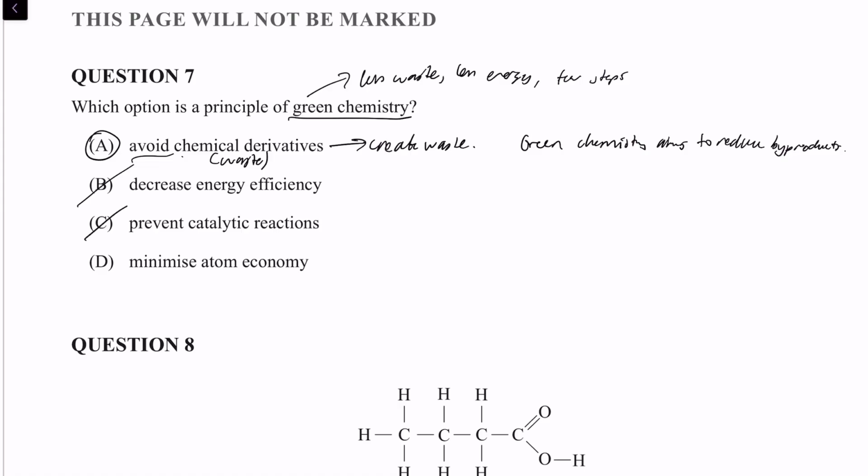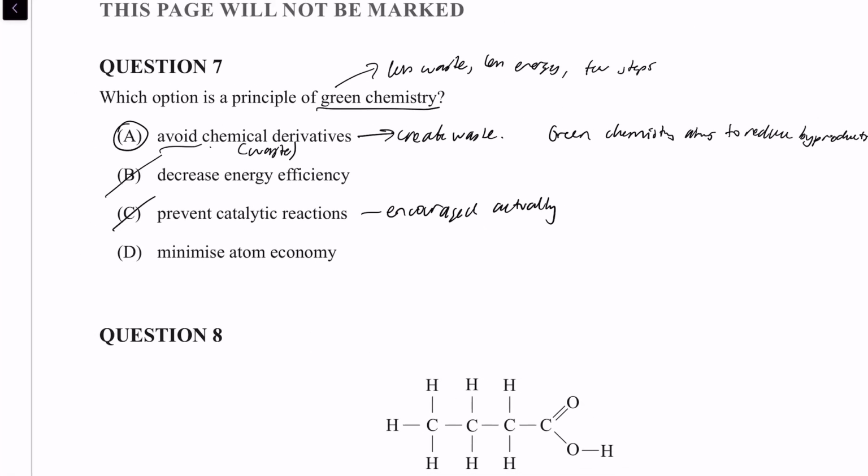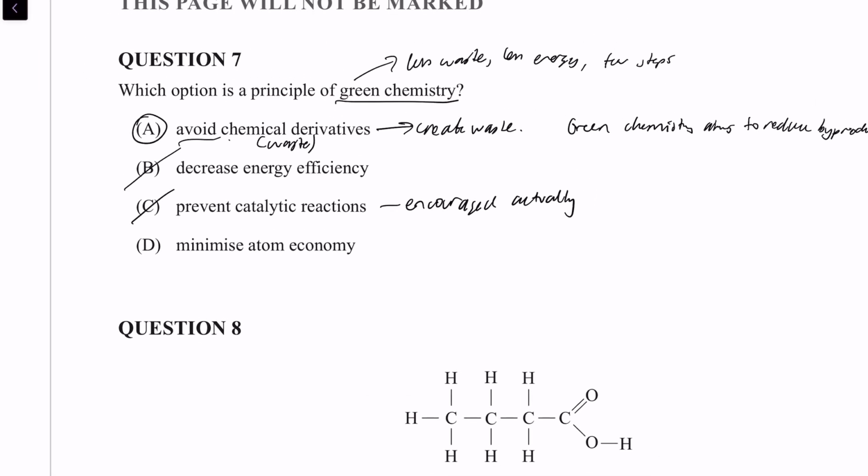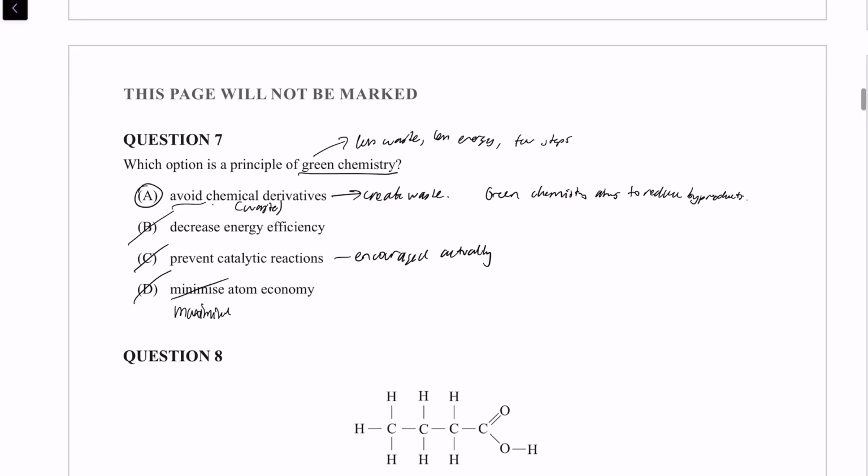Actually, they're encouraged because that will make the reaction faster and require less, producing fewer waste products. So again, efficiency and atom economy should not be minimized. It should actually be maximized. So the option is not D. So it has to be A.